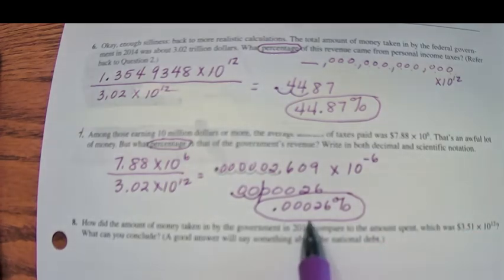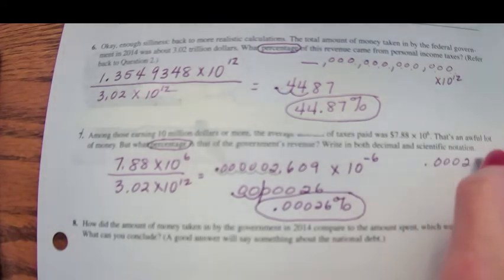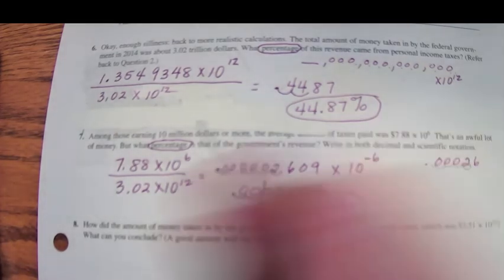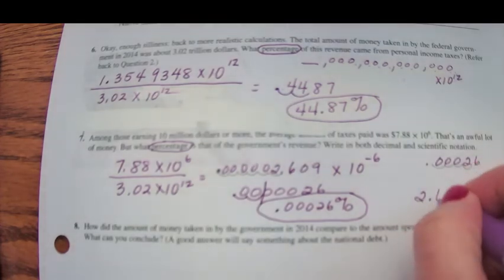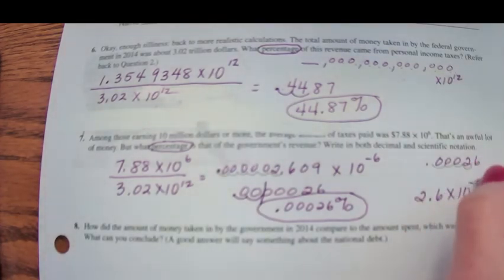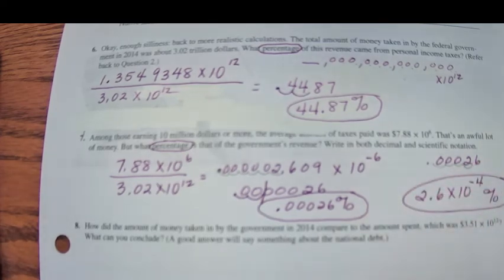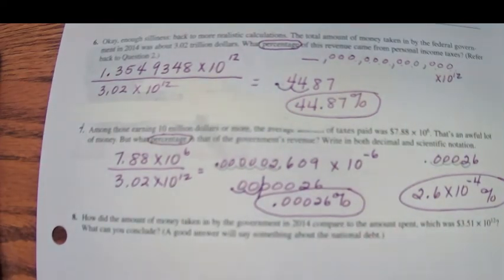Now, if I also want to write this in scientific notation, what is 0.0002609 in scientific notation? 1, 2, 3, I've had to move over 4 places. That would be 2.6 times 10 to the negative 4th, and don't forget the percent sign. Decimal percent, scientific notation percent.